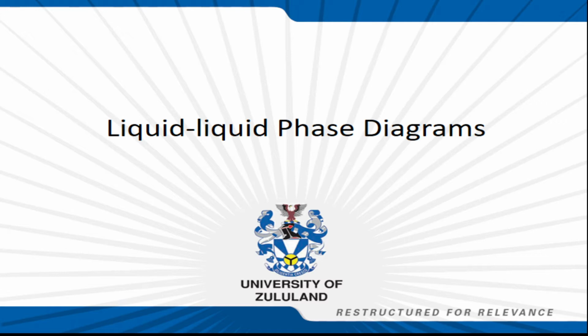It was the liquid-vapor phase diagram. The main difference between what we are going to do today and what we did during the previous lesson is that in this case we're going to talk about liquid-liquid. We're not going to talk about the liquid-vapor phase diagram.